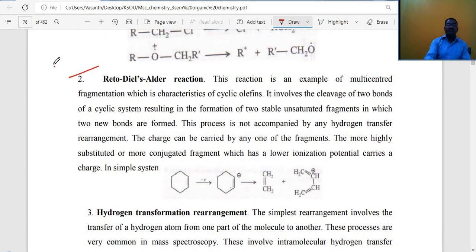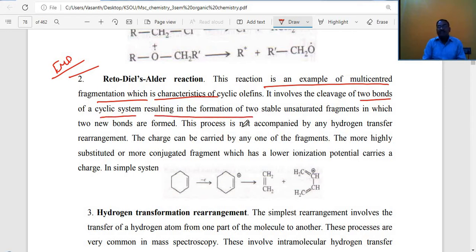The retro Diels-Alder reaction. This reaction is an example of multi-centered fragmentation, which is characteristic of cyclic olefins. It involves the cleavage of two bonds of a cyclic system, resulting in the formation of two stable unsaturated fragments in which two new bonds are formed.